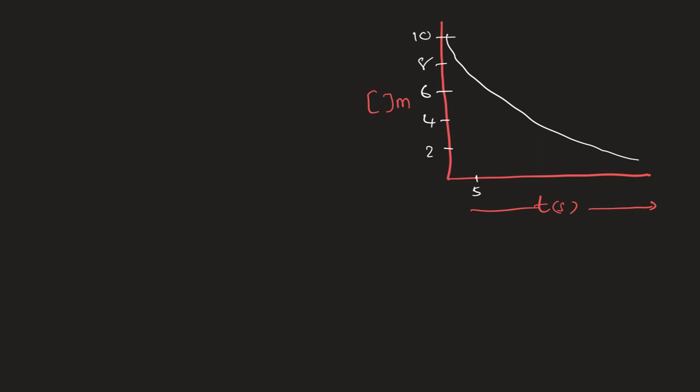Then here 5, here 10, and here 15, and next 20 and 25 like this. Now I am taking this point here 1.0, and here at 5 seconds, and at 10, and at 15 and at 20.